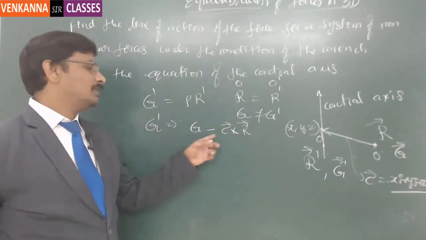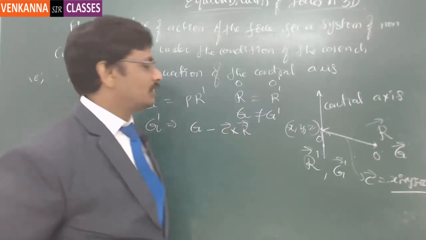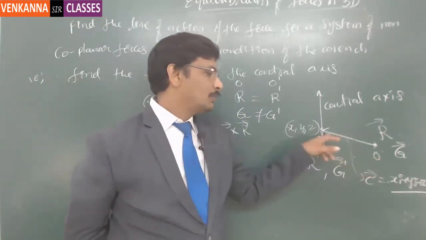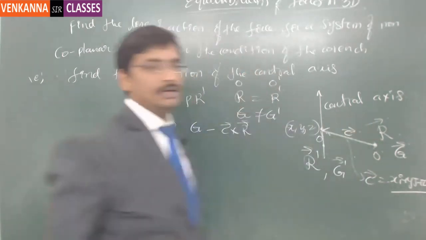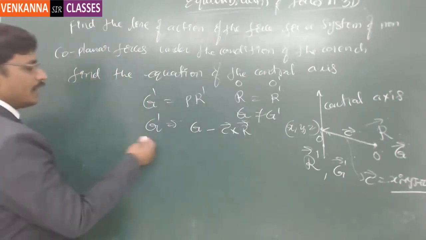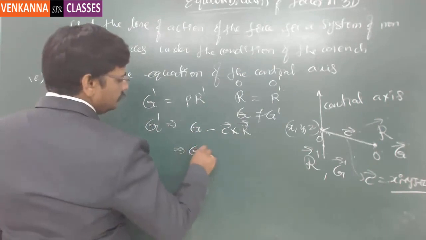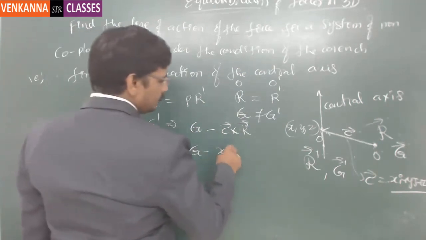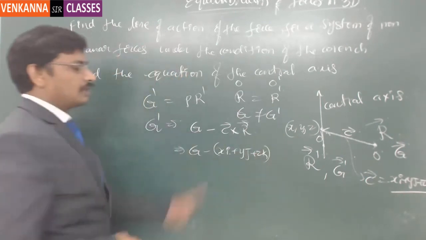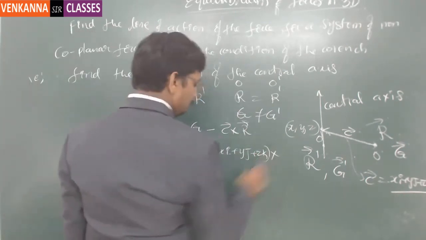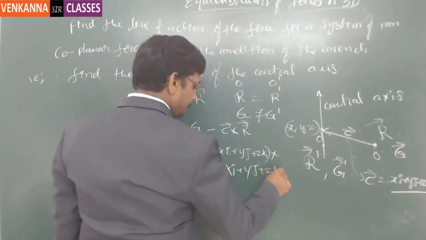G dash is equal to G minus C cross R, where C is equal to xi plus yj plus zk, which is nothing but this position vector C. Got it? Now, if you replace those values here, that is G minus (xi plus yj plus zk, the position vector C) cross (Xi plus Yj plus Zk).